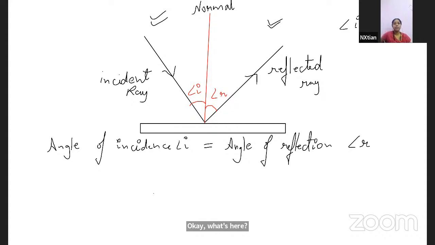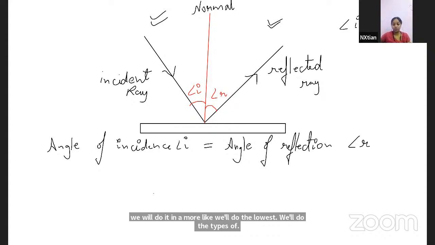I'll be providing you some good notes for this reflection part. In our book, very limited and basic information is given, but we will do the laws and the types of reflection. We'll do this topic in a little more detail because it's a very important topic.